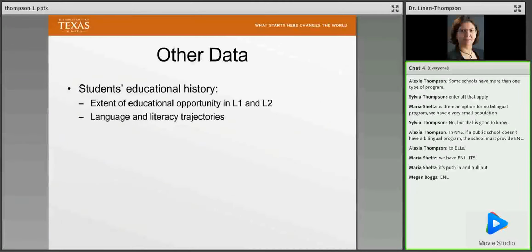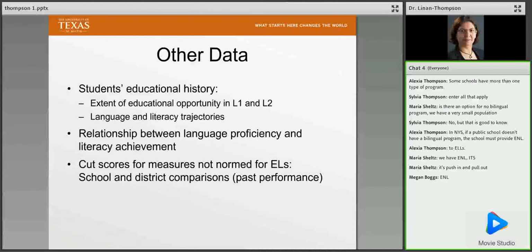So other data that we have been using, or the schools have been using, looking at students' educational history, the extent of opportunity in L1 and L2.